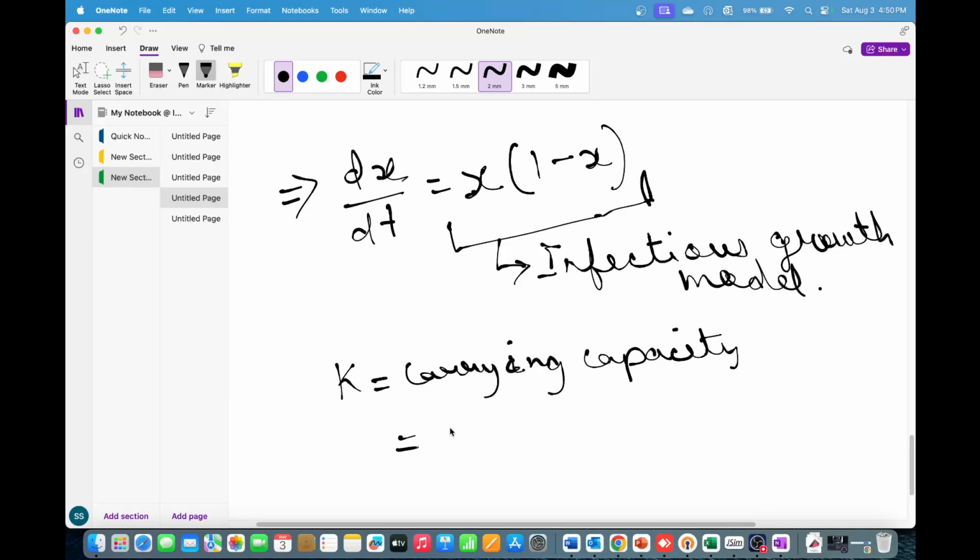It's basically giving you, if k equal to 1, what it means is it can accommodate all elements in the system.